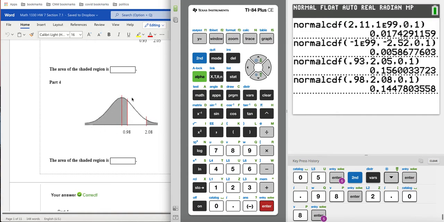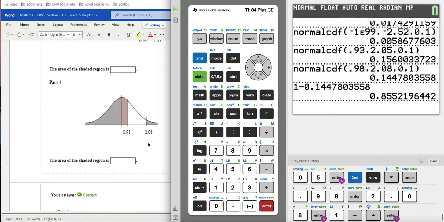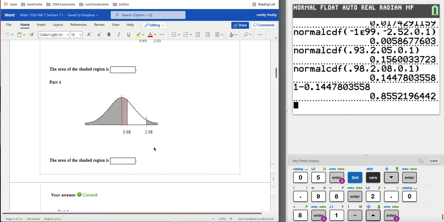The total area under the standard normal curve is defined to be 1. So now, just like we did in some of the binomials, we do a 1 minus, go up and grab the number it just calculated, enter, enter, and that's the final answer. The hard part with this one is for the student to remember to do the 2-step thing.